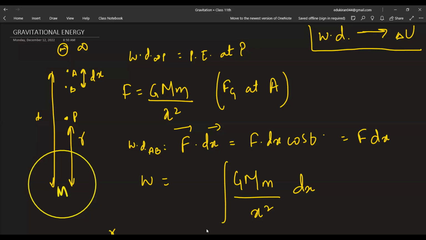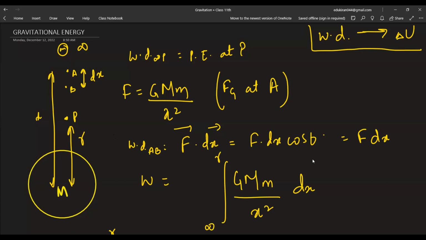From infinity. If we know the information about this, we have to expand it to this point P. So what's the separation of P from the center? R, we had already taken. So it is infinity to R. Class, after this, everything is easy. Just tell me, till here, anybody has any doubt? Clear?